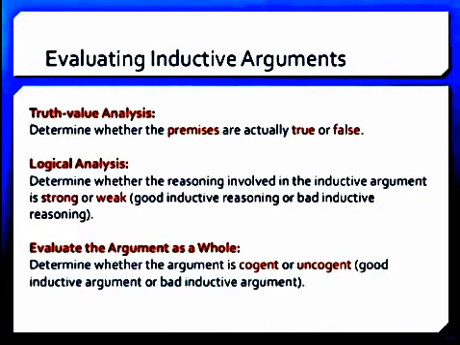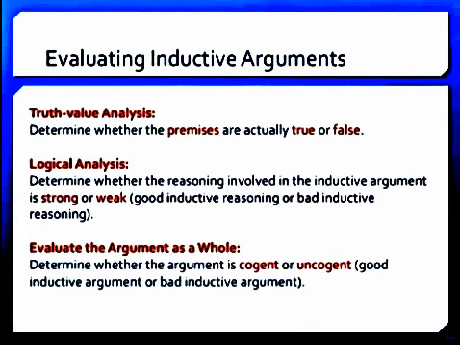Now, like soundness, there's only one way in which an argument can be cogent. In other words, there's only one way in which you can have a good inductive argument as a whole. A good inductive argument must have all true premises and strong reasoning. On the other hand, similar to unsound arguments, uncogent arguments may be uncogent for various reasons.